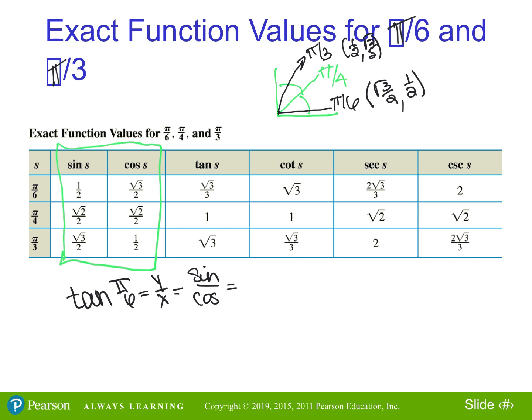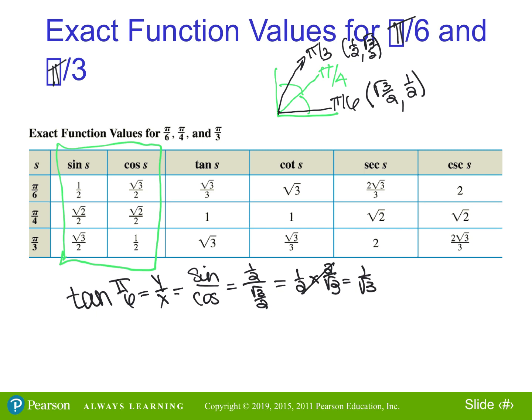So if you know that your sine value at pi over 6 is 1/2, I'm really going to take that 1/2 and divide it by the square root of 3 over 2. So if I keep the 1/2, change division to multiplication, and flip that square root of 3 over 2, my 2's are going to cancel, and I'm left with 1 divided by the square root of 3.